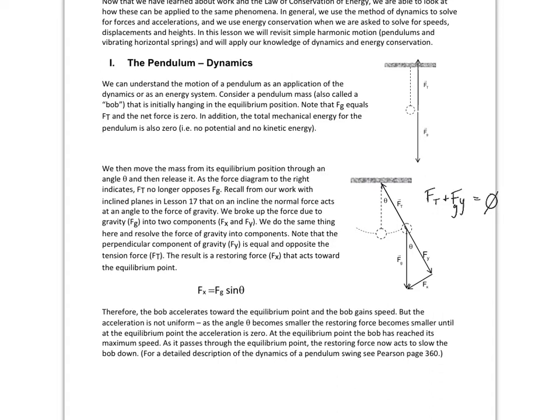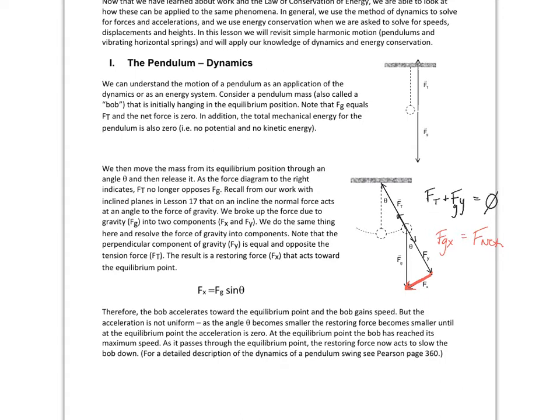It is not accelerating up or down from here. However, what we do notice is that there is an unopposed force, Fx here. So Fgx is equal to our net force in this case. This is the way that it will accelerate. We know that the bob will accelerate back towards its center position.